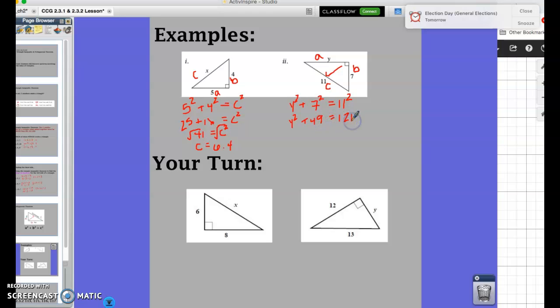Remember that squared just means 7 times 7 or 11 times 11. Get that 49 over, subtract it. So 121 minus 49 gets us 72. And then we're going to take the square root of 72 to get us 8.5.